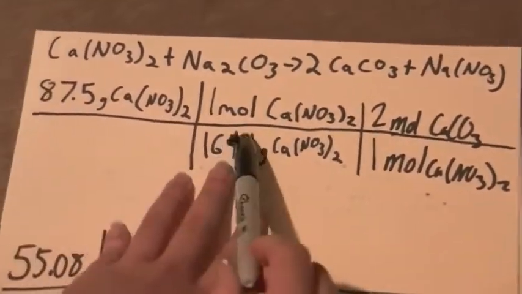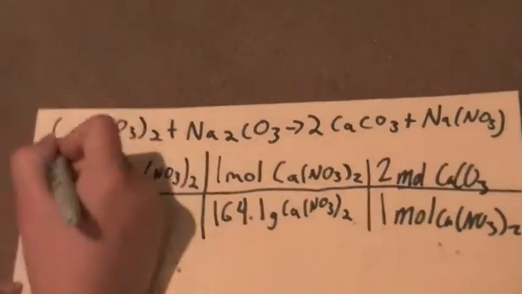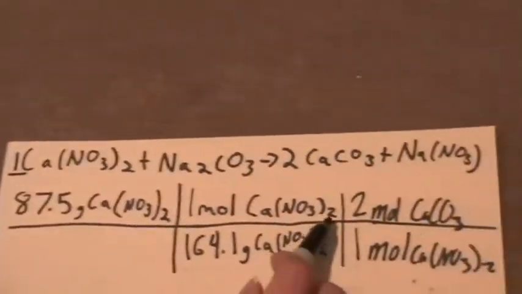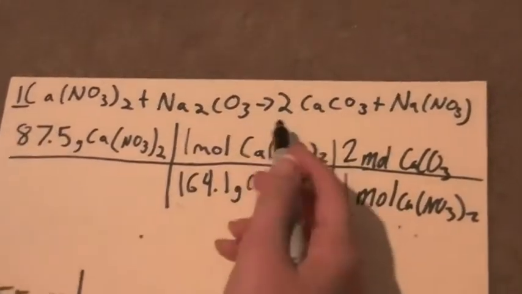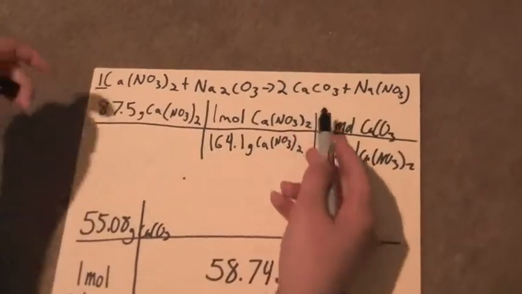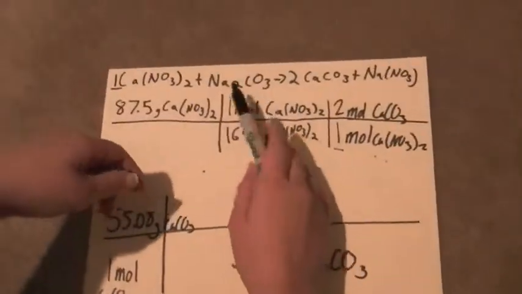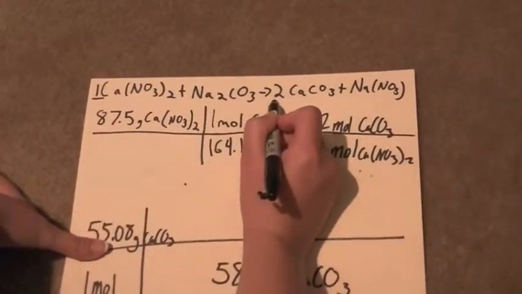And then you have to use the ratio, which is, since there's no number here, there's an implied 1. That's the first part of the ratio, so that goes on the bottom. And then since you're trying to find calcium carbonate, this is the second part of the ratio.